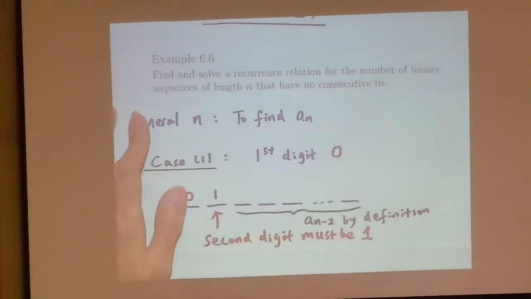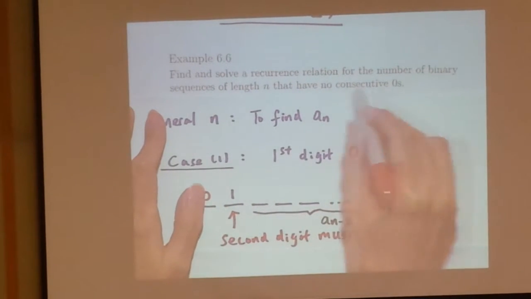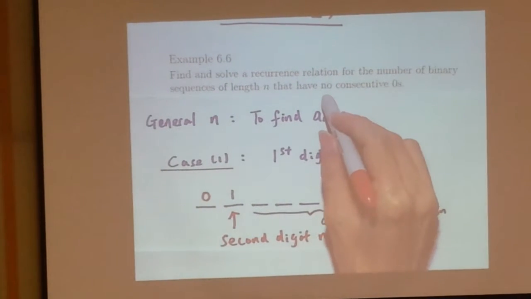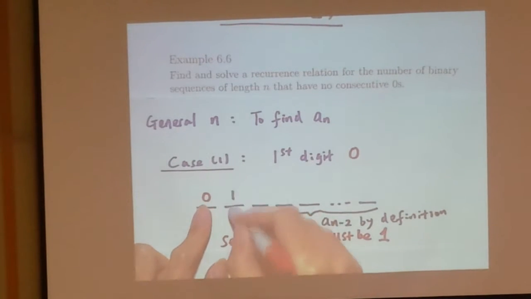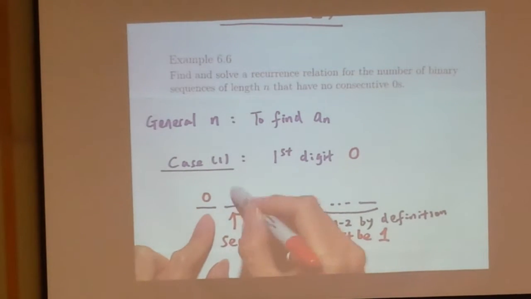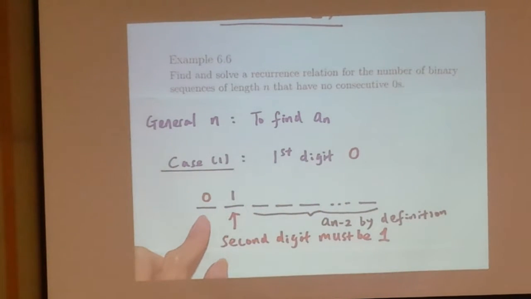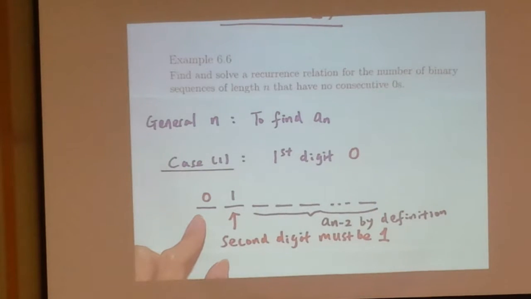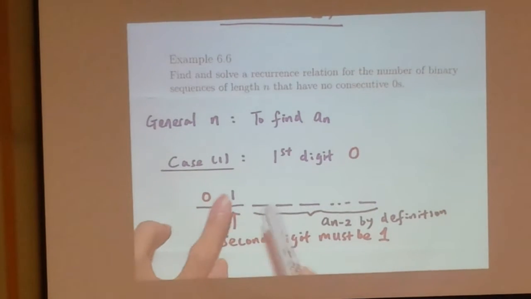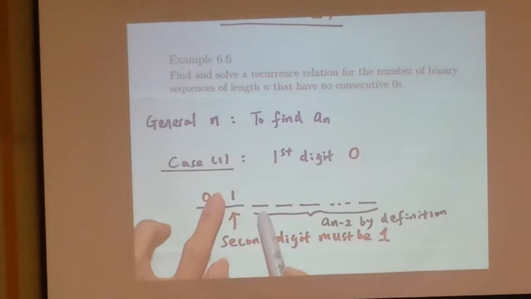If you start with 0, of course you have to satisfy the condition of no consecutive 0. What we want is to have no consecutive 0. If you start with 0, that means the second digit has to be 1. Because if you fill in 0 here, then you get consecutive 0. So if the first digit you fill in 0, then the second digit you must fill in 1. Otherwise you get consecutive 0. You don't satisfy what you want. Then after that you'll find that behind you don't have to worry about how to fill in.